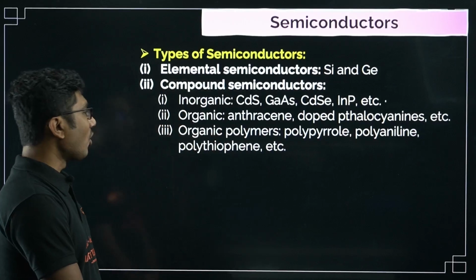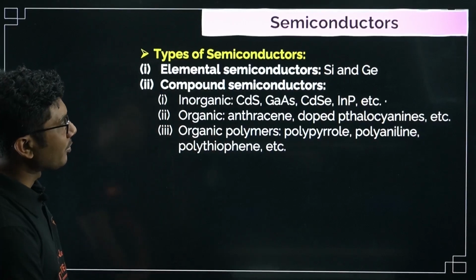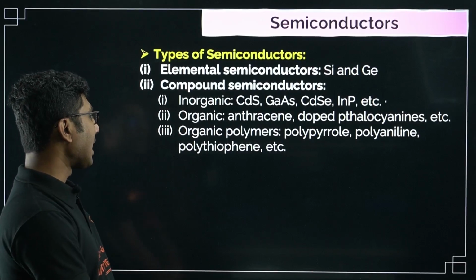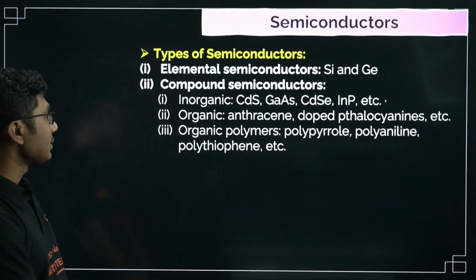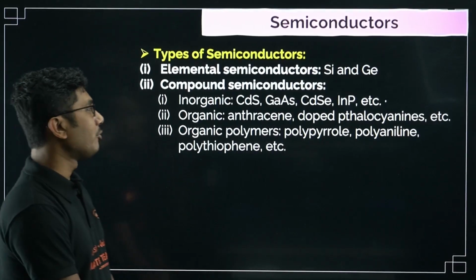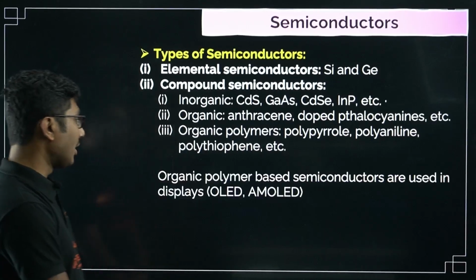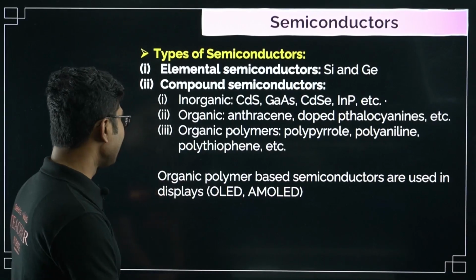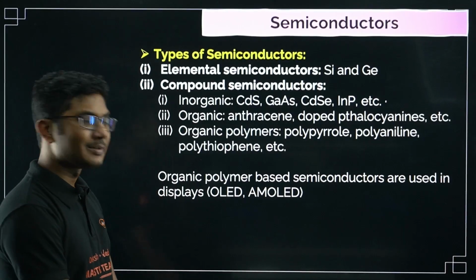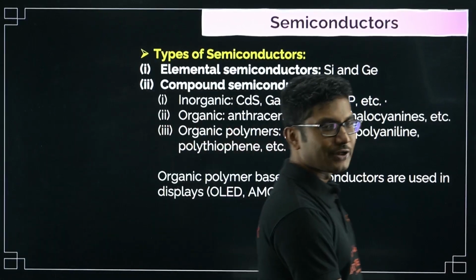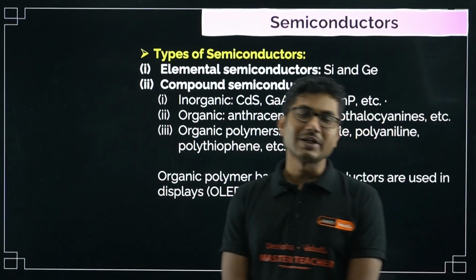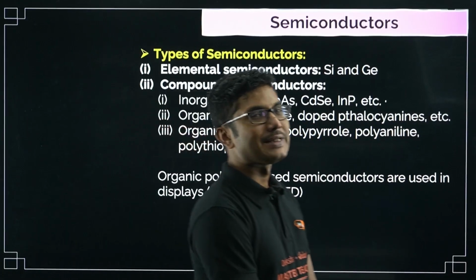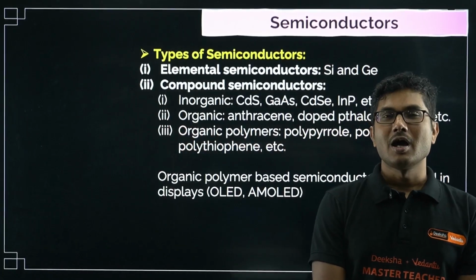Let's see. Organic polymers are also there: polypropyl, polyaniline and thiophene. They are examples of organic polymers. Now, organic polymer based semiconductors are used in displays, the mobile display through which you are seeing this video, or the laptop display or the tablet display, wherever you are watching this video, that is basically based on organic polymers.